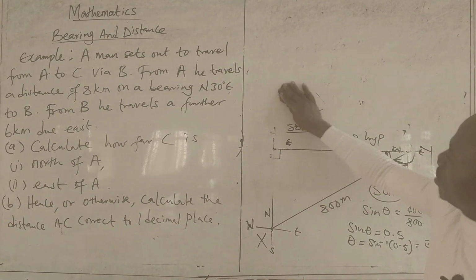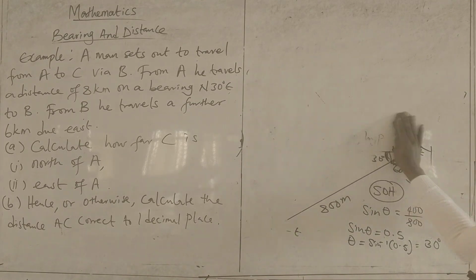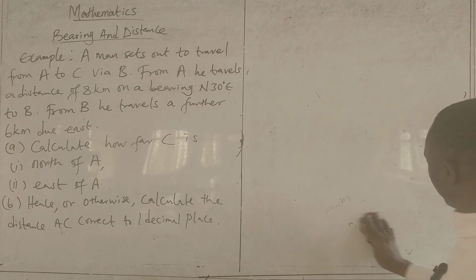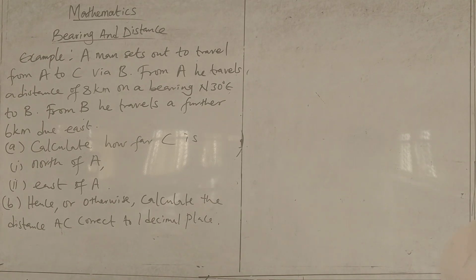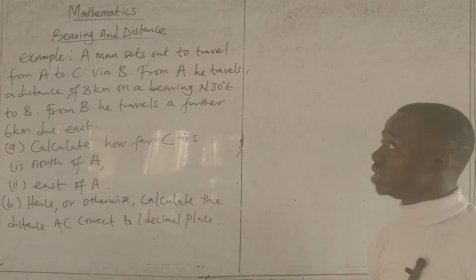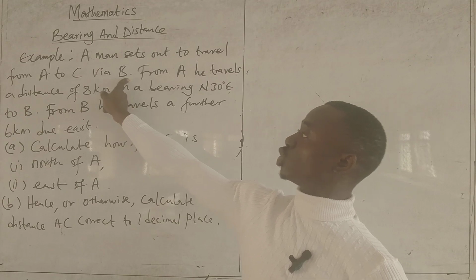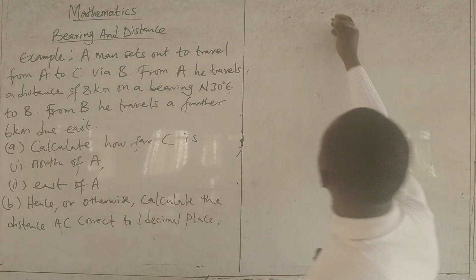Please follow me. Stay tuned, please. A man sets out to travel from A to C via B, meaning he's traveling from A to C, but he wants to travel through B. He will pass through B. Okay?